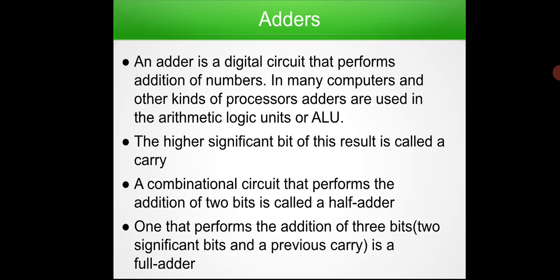So if the combinational logic circuit is performing addition of 2 bits, then it is called a half adder. And if it is containing 3 bits of addition for a particular function, then it is called a full adder. Okay, so this is the main concept of adders.